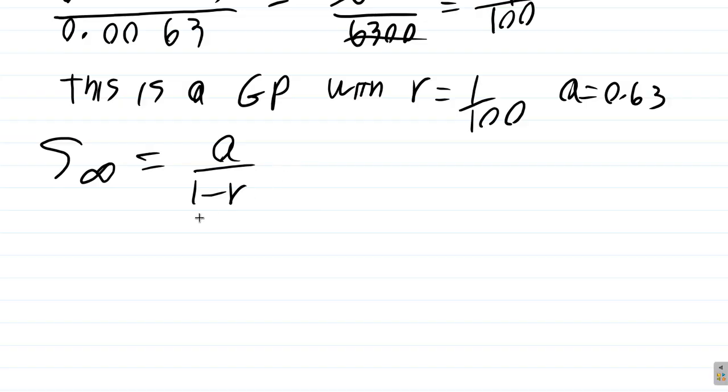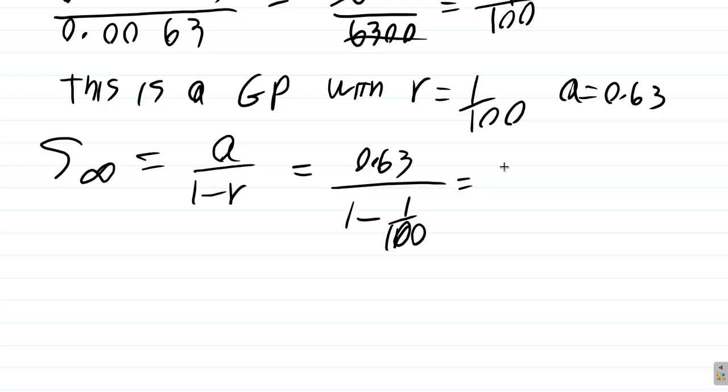Alright. So this is going to be a, which is 0.63, divided by 1 minus r, which is 1 over 100. Alright? Now, this is 0.63 divided by, let's work it out, a fraction, 1 minus 1 over 100.